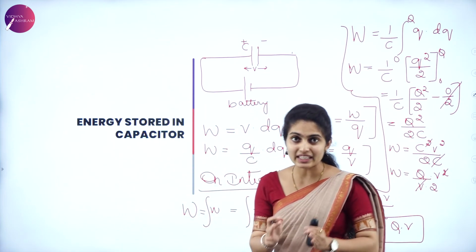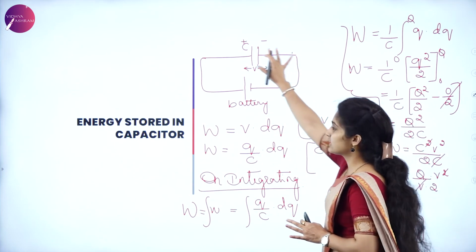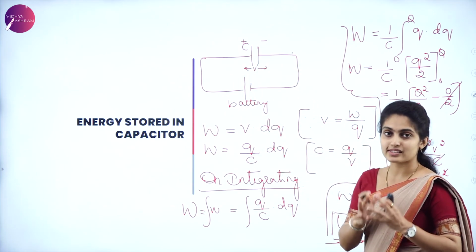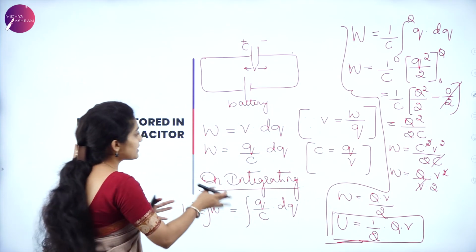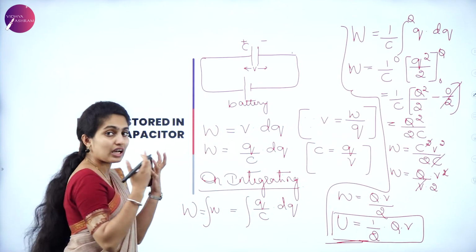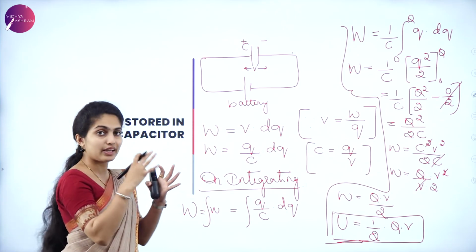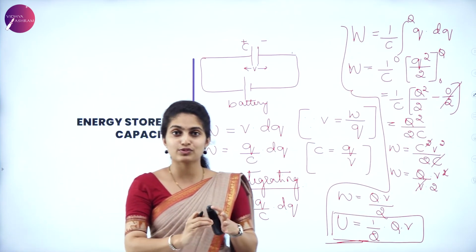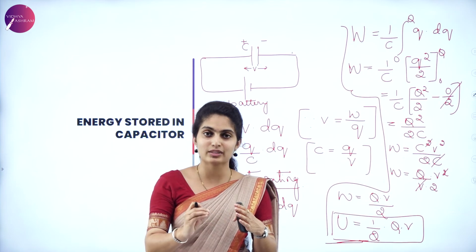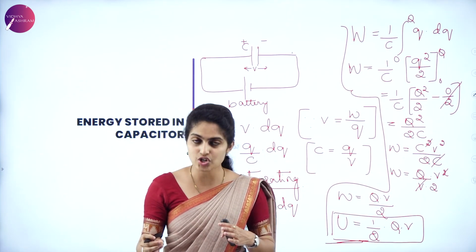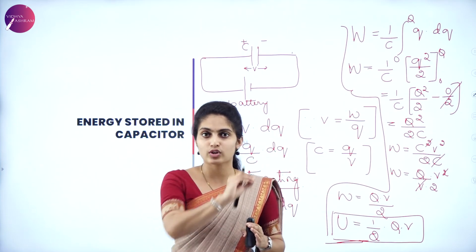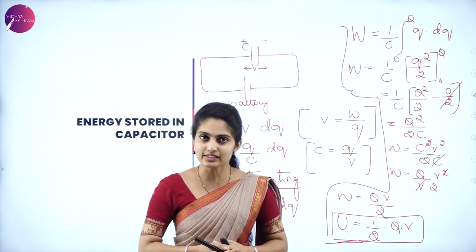So it is very easy for you to understand. Firstly, draw the setup, that is the experimental setup or circuit diagram, and then go through it step by step to understand the theory. There is removal of positive charge against attraction, and then fixing it towards the positive charge, that is against repulsion.